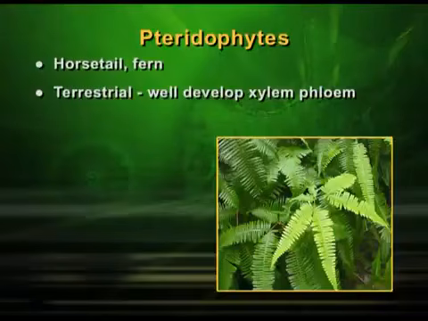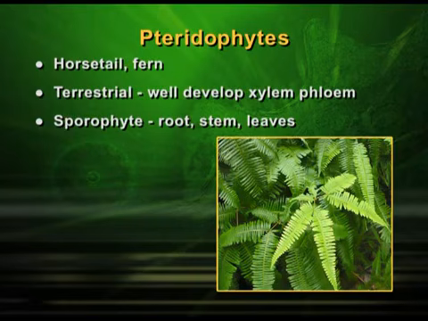Second point about reproduction here is that the main body of the plant is sporophyte. Like in previous category, you studied that it was gametophyte, but in this case the main body is sporophyte. It will produce germ cells or gametes.